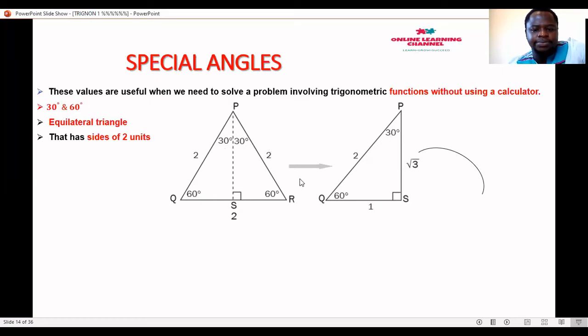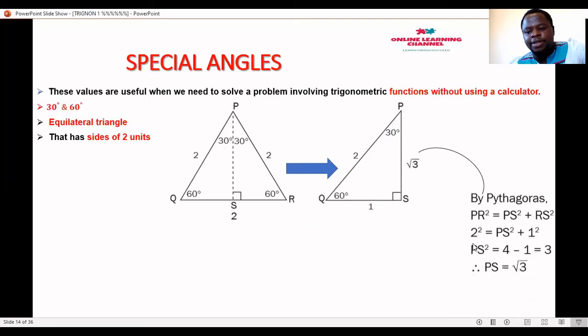Because QR is 2, it will be 1, 1. This side will be 1. And then, by use of the theorem of Pythagoras, what we've been doing, you get this side PS, right? It will be simple to follow.